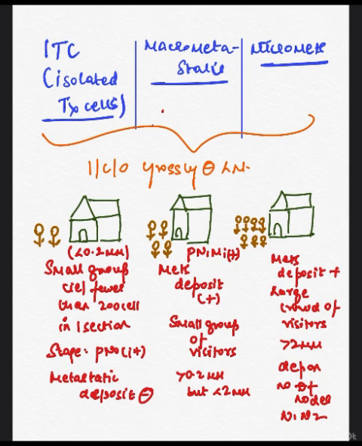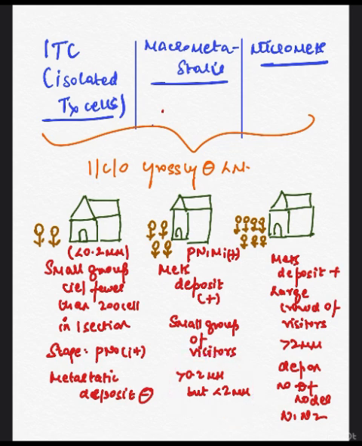The next is micrometastasis. This is extrapolated to, say, a family of 4 visiting a particular house. So in this case, you grade it as pN1(mi). Okay, and in this you give metastatic deposit as positive. This is more than 0.2 mm but less than 2 mm of cancer cells.